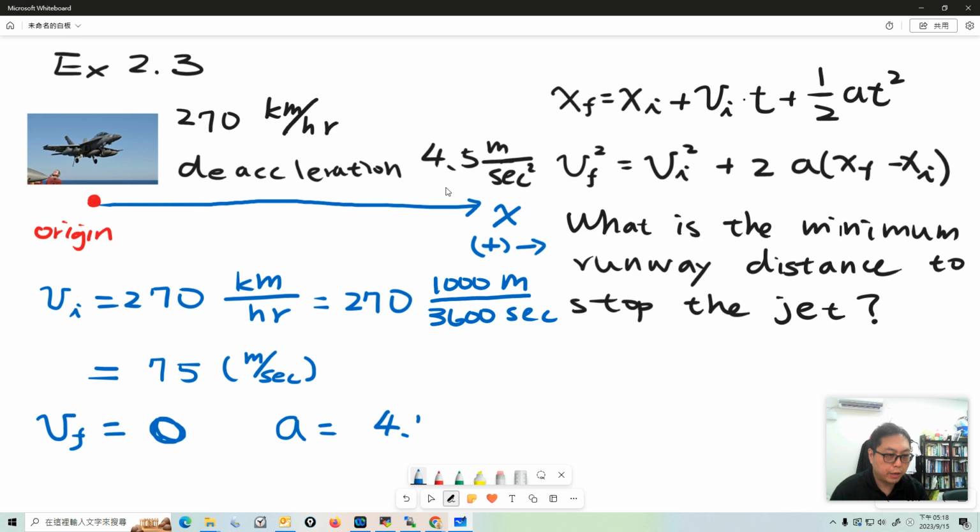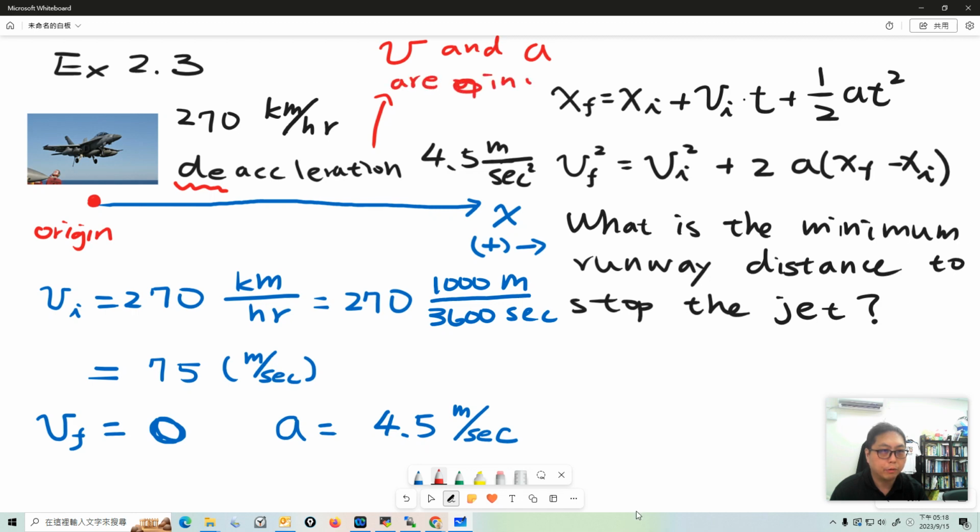But here we have to think carefully. The problem says that when landing, the jet is decelerating. That means the directions of velocity and acceleration are opposite.